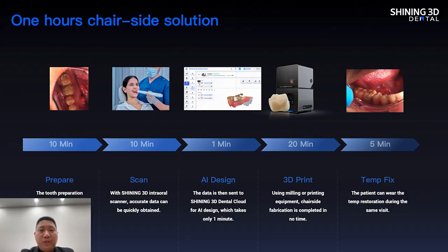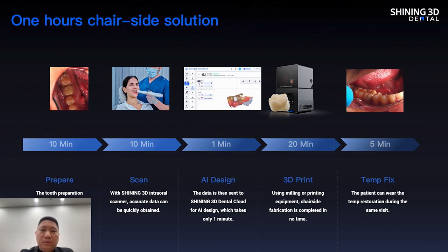After that, we can use our AI design to design the crown within 1 minute. After that, we can use online nesting and slicing tools to make print-ready files and send the print task to the printer.